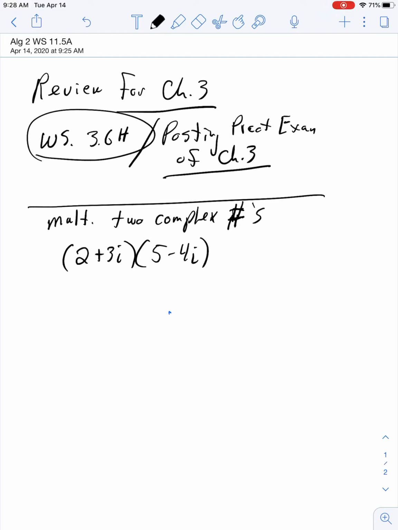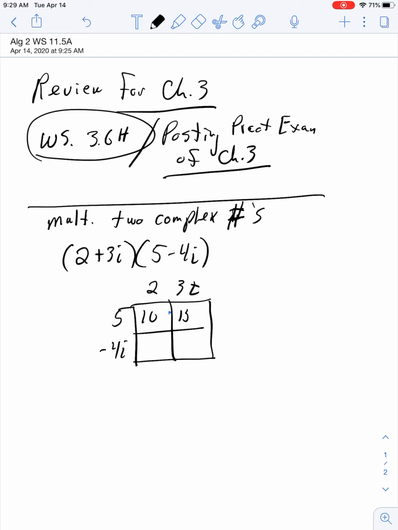Now remember, there's going to be more to this once you get the trig. When you multiply two complex numbers, you are actually adding angles together. So you're taking one component to another component. But like I said, we're just doing the math for now, getting you ready to take the next step next year. So you have 2 plus 3i, 5 minus 4i.